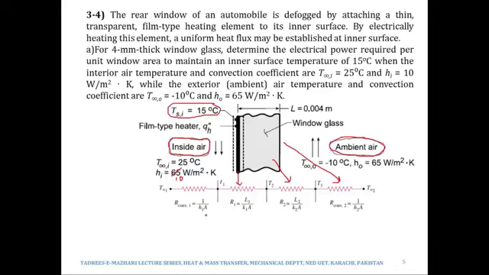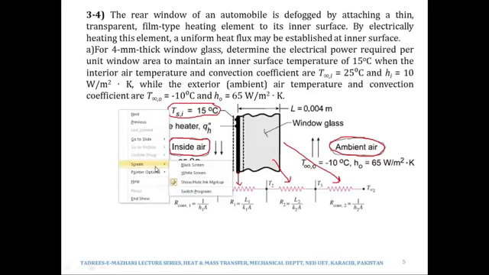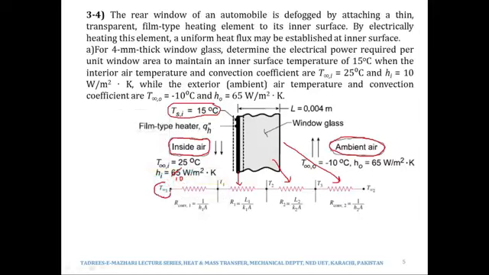See, what do we know? We know T infinity inside, meaning we know this temperature, and we also know this temperature as minus 10.